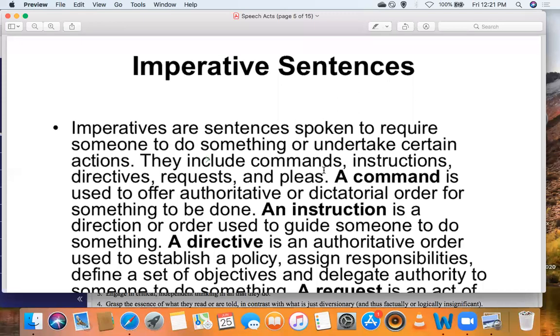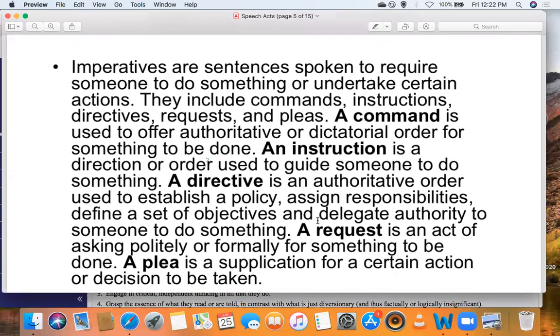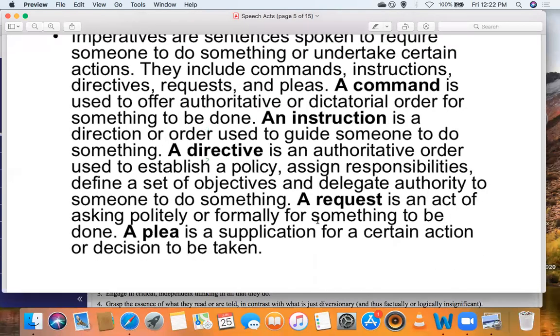A command is used to offer an authoritative or dictatorial order for something to be done. An instruction is a direction or order used to guide someone to do something. A directive is an authoritative order used to establish a policy, assign responsibilities, define a set of objectives, and delegate authority to someone to do something.